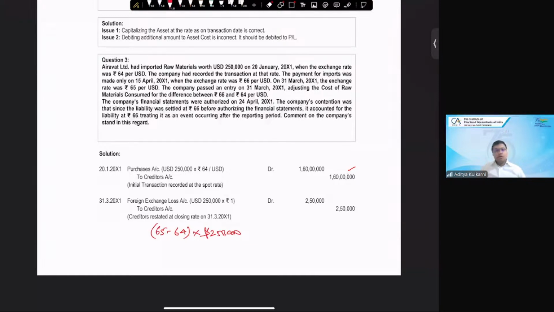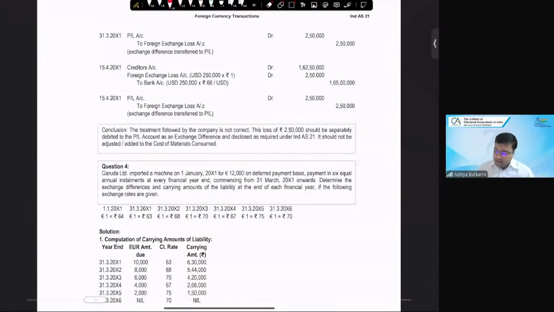So your net foreign exchange loss is only $250,000 and not $500,000. And this will go to the P&L. As all of you rightly said, when the actual settlement happens, a further loss of 250,000 will be booked in the next financial year. The treatment followed by the company is incorrect.